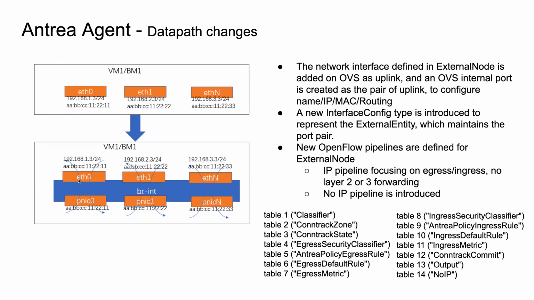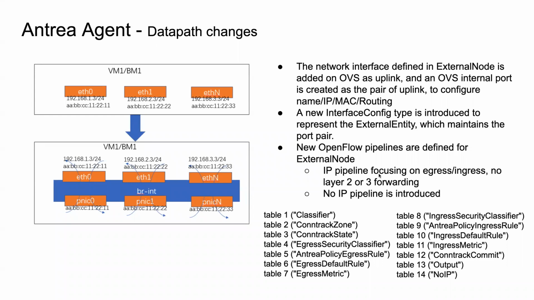Then Antrea agent also sets up some OpenFlow pipelines for the external node. We have an IP pipeline, but for the external node IP pipeline, we are only focusing on the egress and the ingress. So we don't have layer 2 or layer 3 forwarding. As I mentioned, because of the pair ports, we try to forward packets from one to the pair directly.